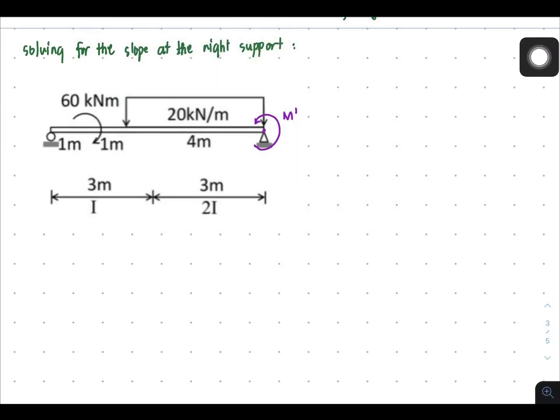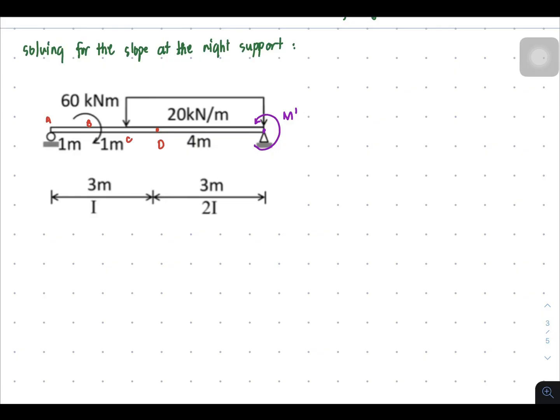With this, we can now write letters from left to right. So let's call this A, this one is B, this is C, and here there is no letter because it's no longer deflection. But here we are going to place a point D since this is the portion of the transition of the cross section.